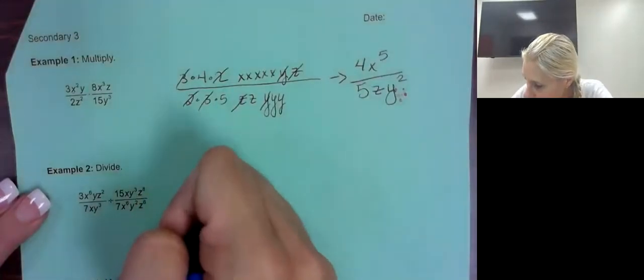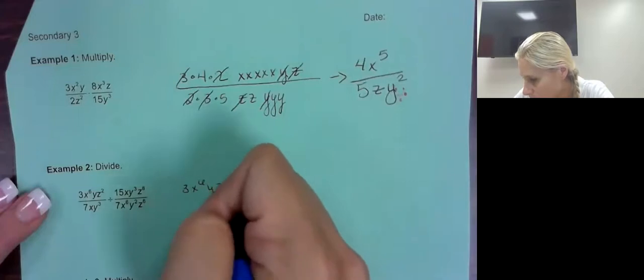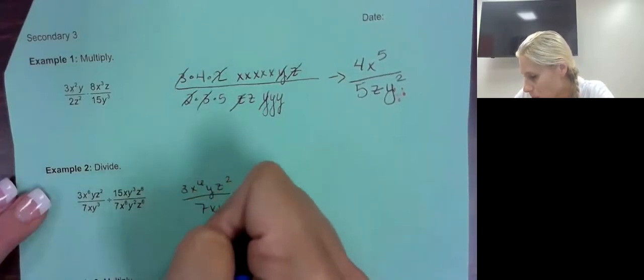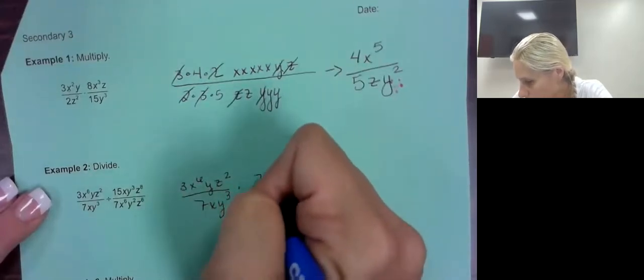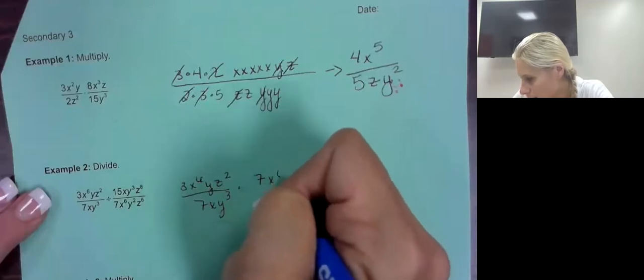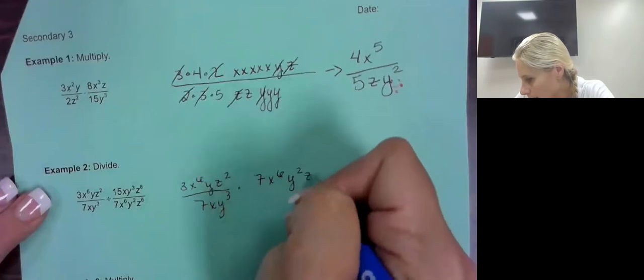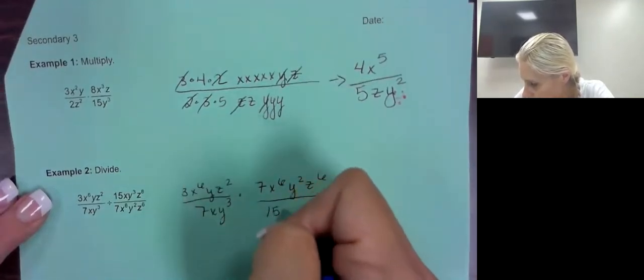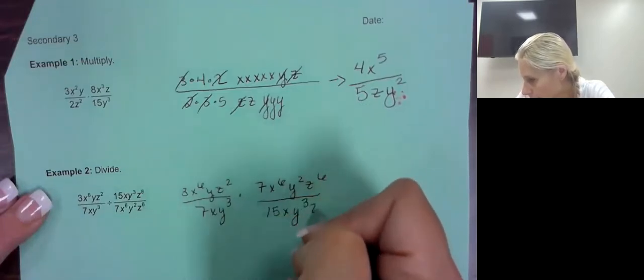So we have 3x to the 6th y z squared all over 7x y cubed, times, now I'm going to flip this, 7x to the 6th y squared z to the 6th all over 15x y cubed z to the 8th.